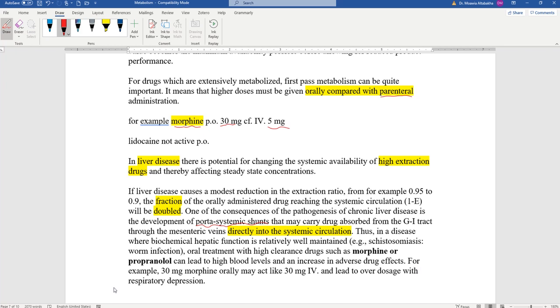Okay? For example, 30 milligram of morphine orally may act as 30 milligram given by IV. Why? It's because of the disease, or the condition of the liver that prevented the drug from getting metabolized.